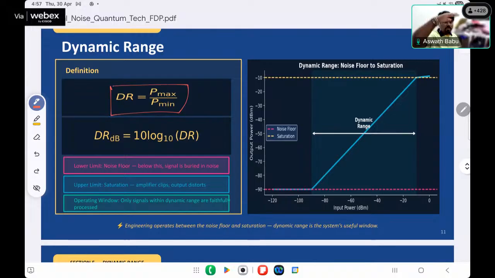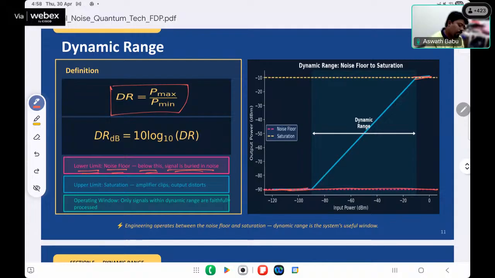Now, what is desirable? You can see here, for example, the lower limit, where the noise is, and below this the signal is buried inside the noise. That is bad. Here the noise is this noise floor. Your high power is somewhere here, and the low power is here.